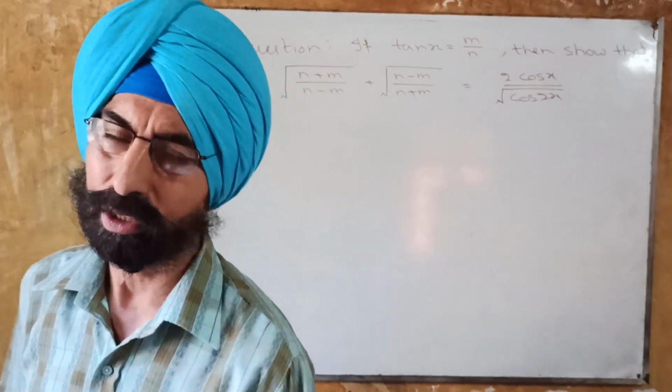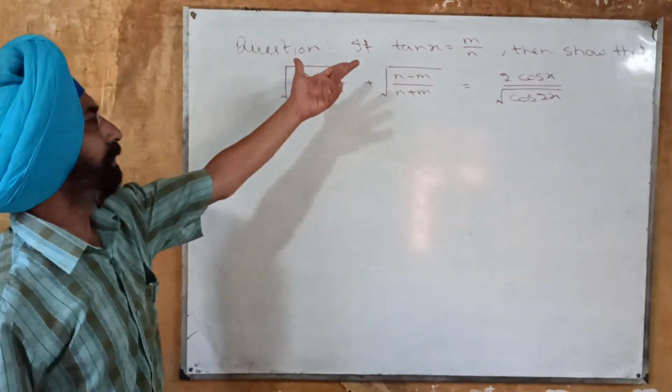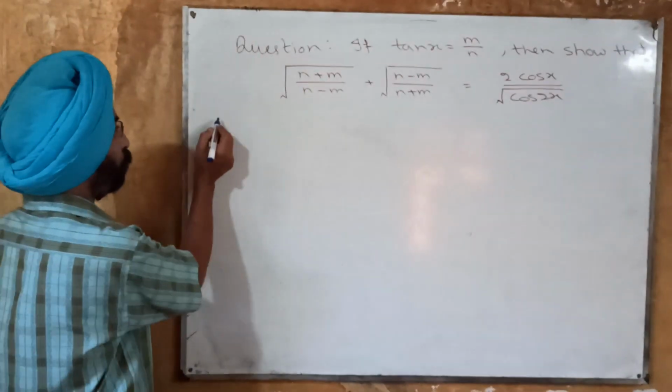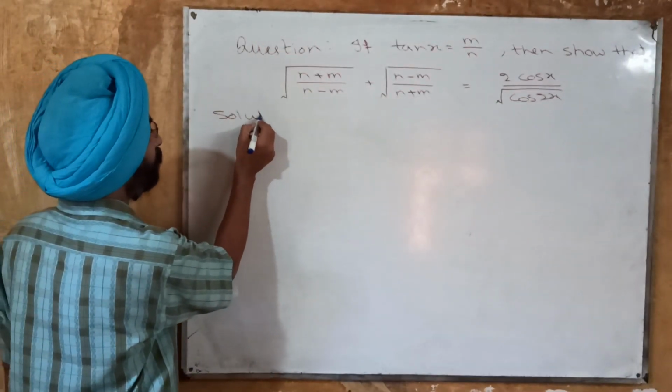This is what we want to prove, and we are given that the value of tan x is m upon n. So I am going to solve this problem for you.